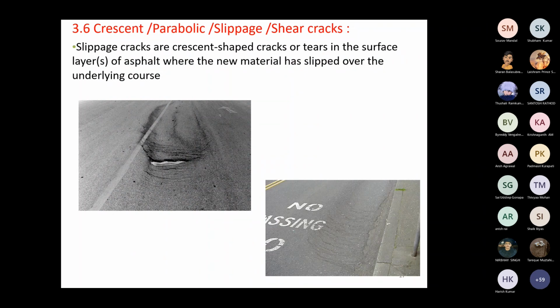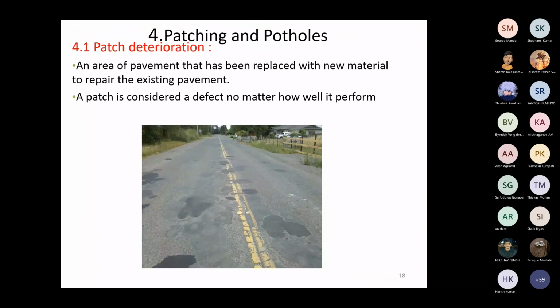Or if it is not compacted properly, these shear cracks, crescent or parabolic or slippage cracks can occur. Next is patching and potholes.